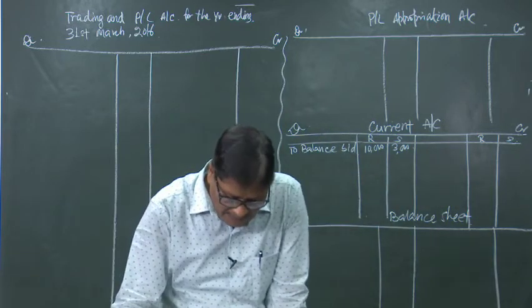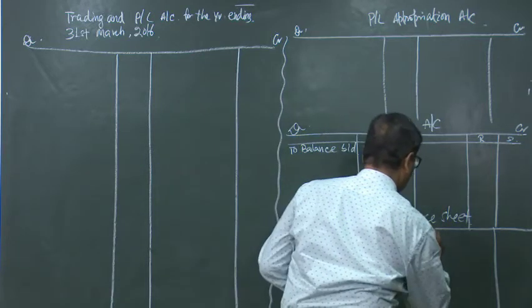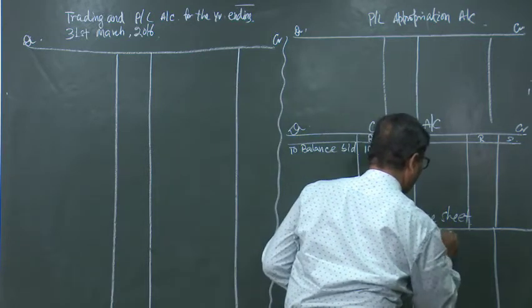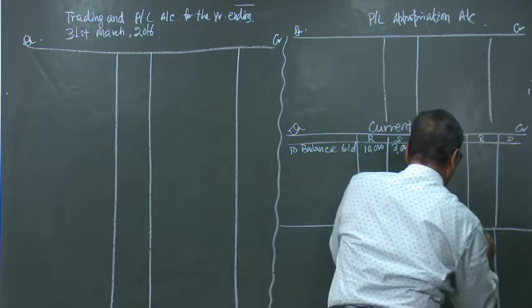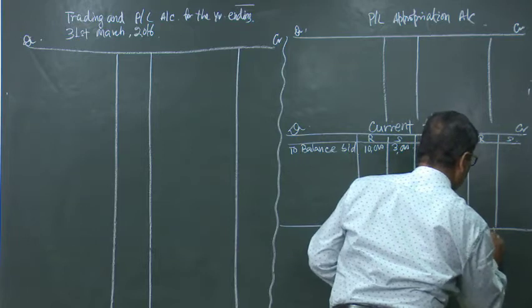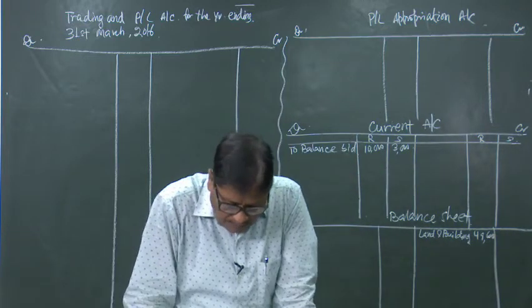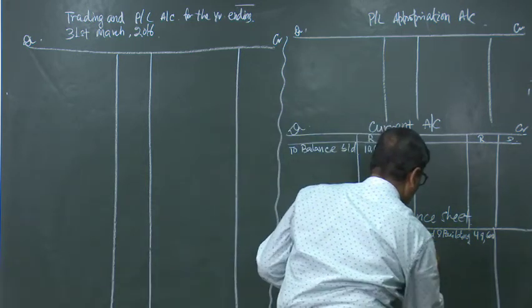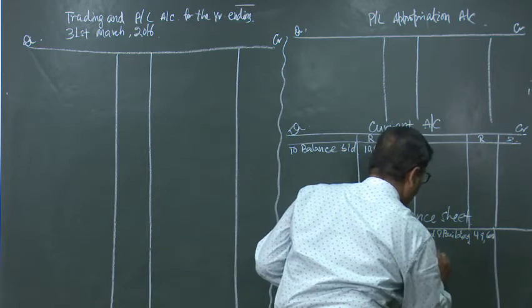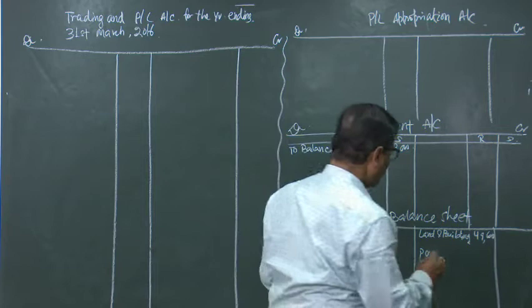Next item is land and building 49,600. Land and building 49,600. Plant and machinery 10,400. Plant and machinery 10,400.